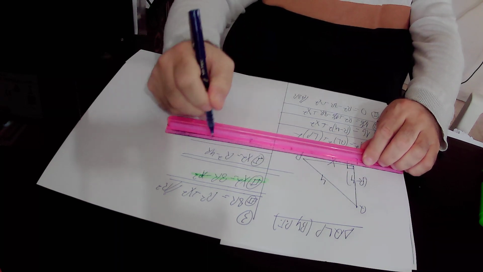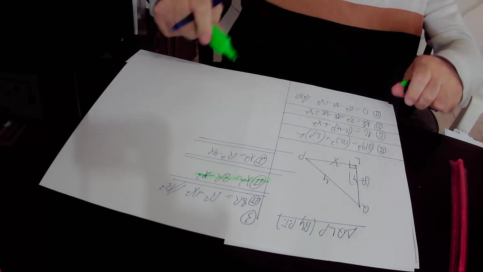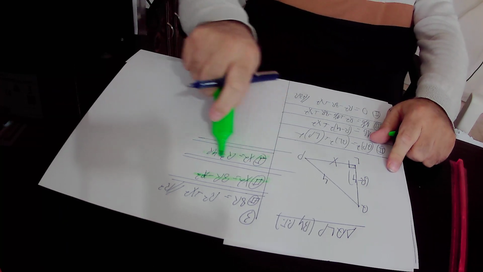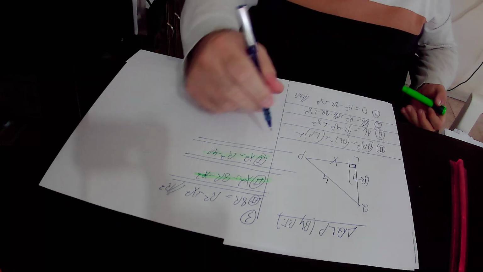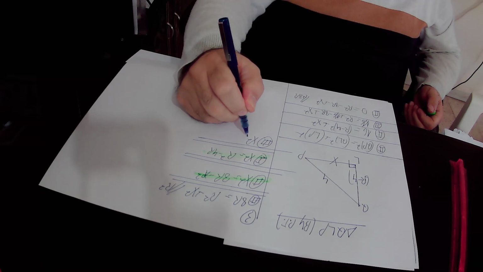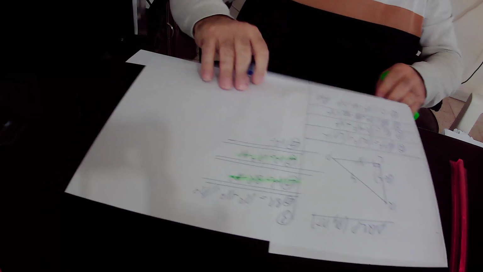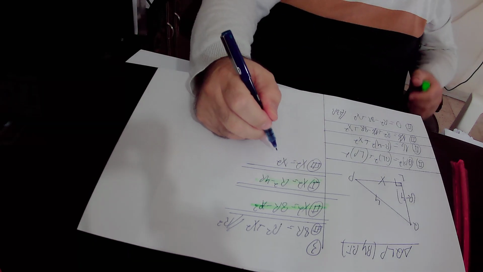So actually we have two different expressions for x squared. Therefore, we will create the third equation that states that x squared according to equation number 1 must be equal to x squared according to equation number 2. Okay?